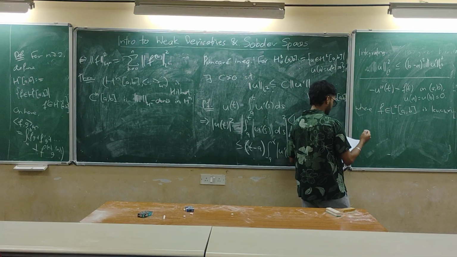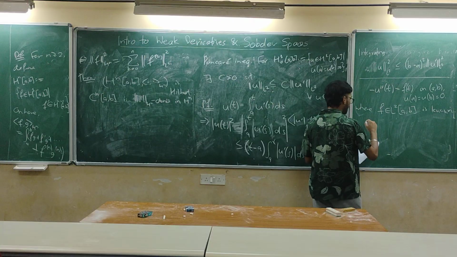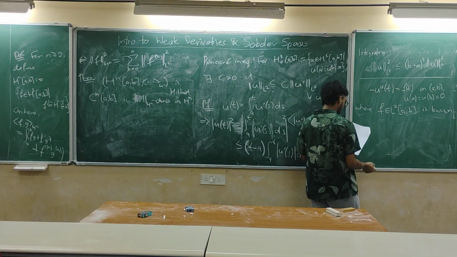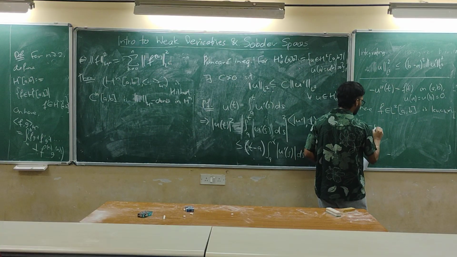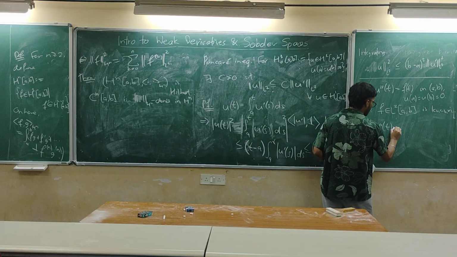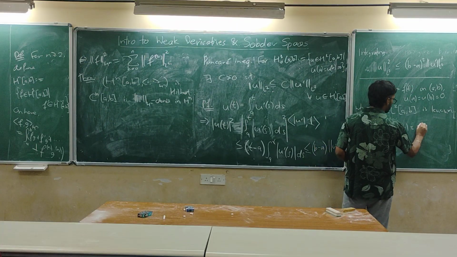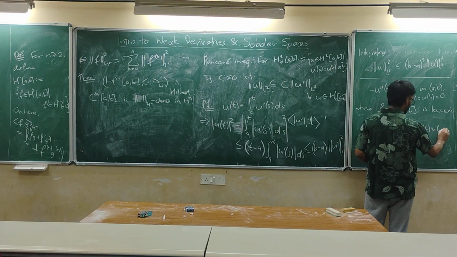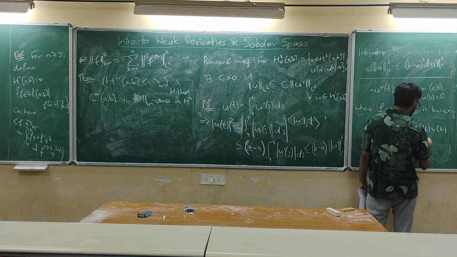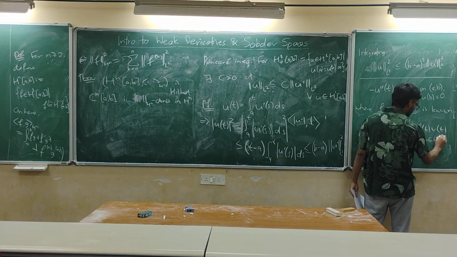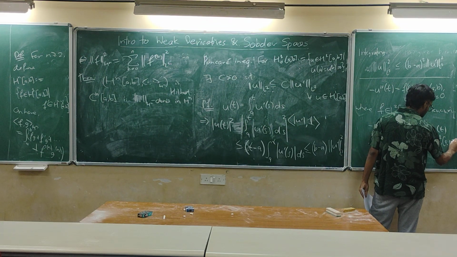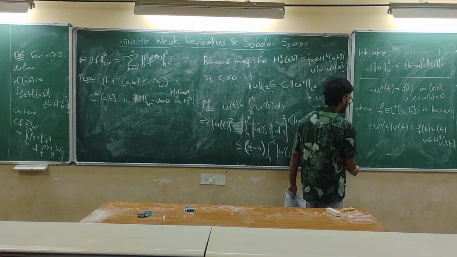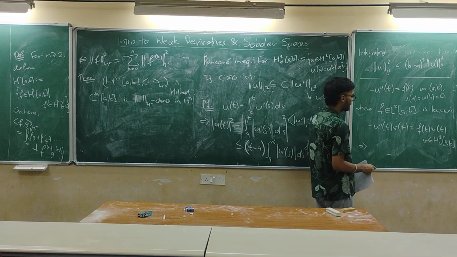A weak solution is given by multiplying by v of t, where v is a test function, then integrating both sides.